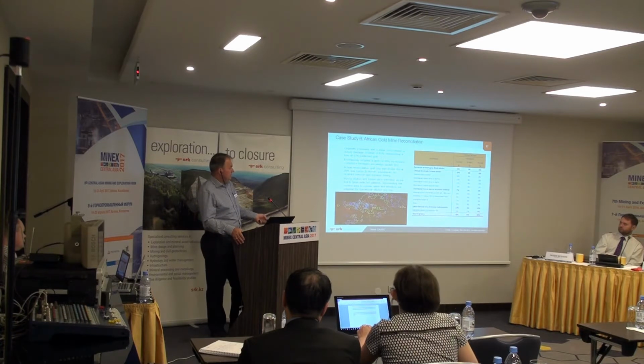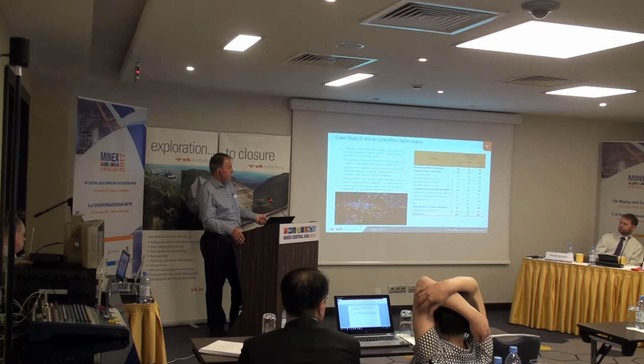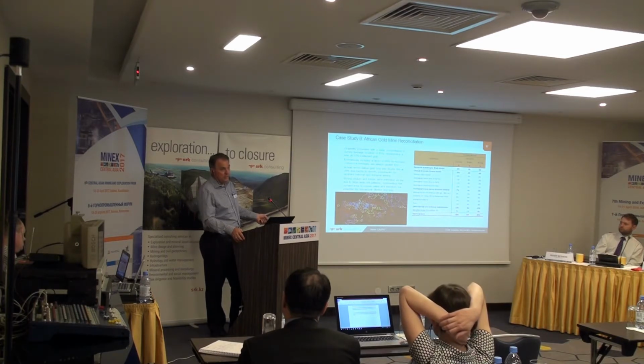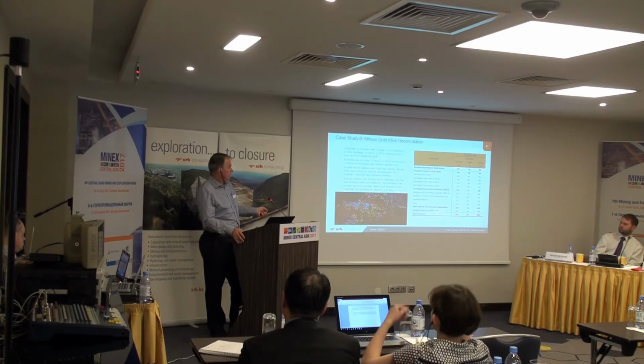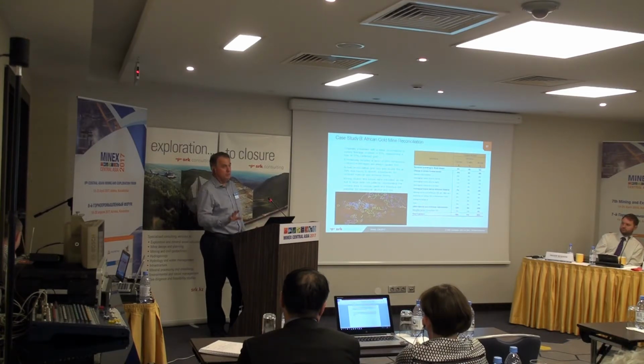When we actually looked at the data and did a proper reconciliation, we found that actually they were down 39%. Now, this particular ore body was high grade, so it wasn't a project killer. But for a low grade project, a 39% loss of metal will just kill the project.